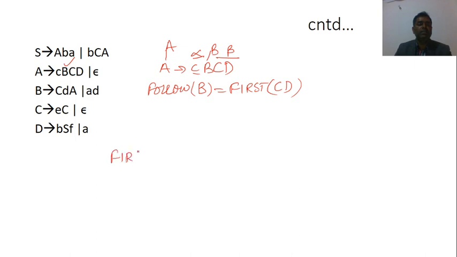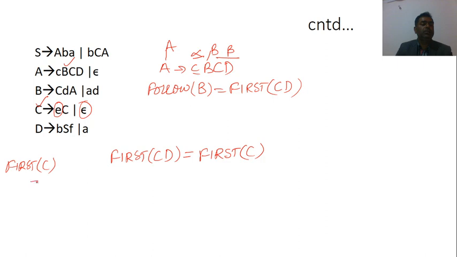First of CD equal to, first we have to calculate first of C. What will be first of C? You can see here, first of C will be E and empty. So we can write first of C equal to E comma empty.